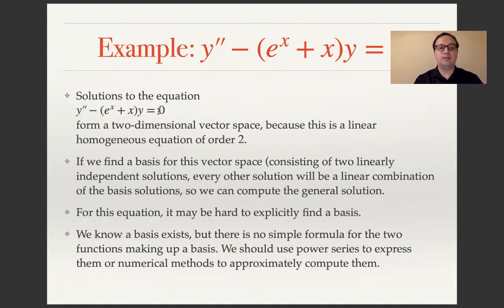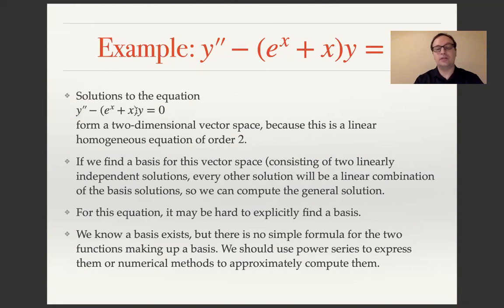Not only do we have 0 on the right hand side, but there is no term which is only a function of x. So we have y double prime, and then the next term, y prime, is missing, and then minus (e^x + x) times y. This is the term that contains y, and minus (e^x + x) is the coefficient of y.